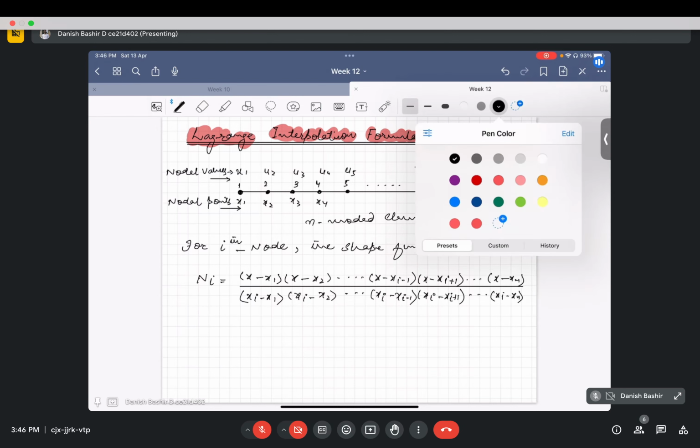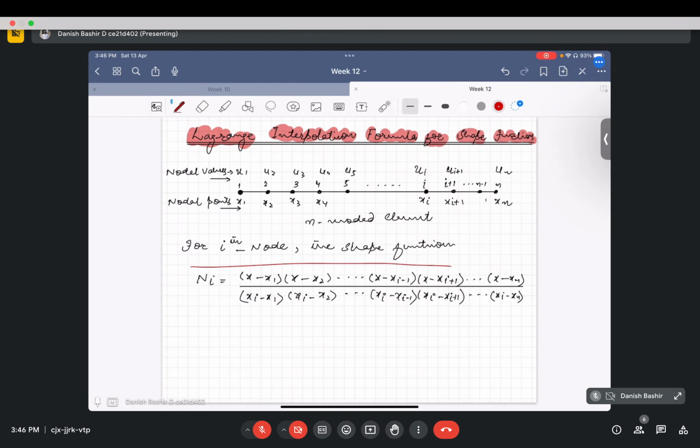So this is very easy Lagrange interpolation polynomial. I hope this point was clear to you guys. Okay. So I already told you that. Let me write once again for you people. N is equal to the total number of nodes in the element.